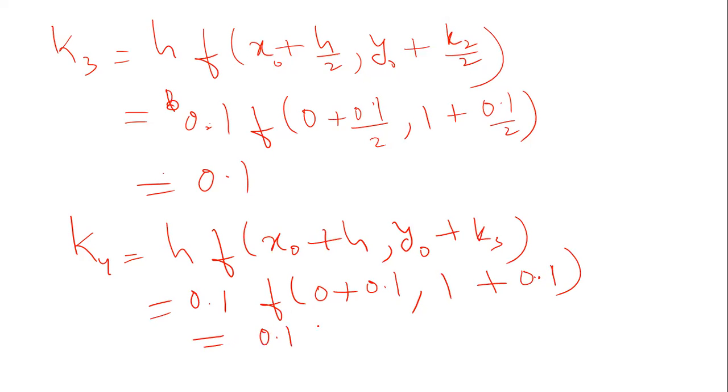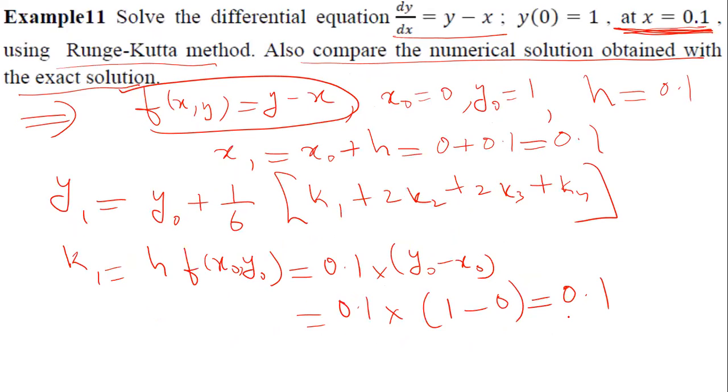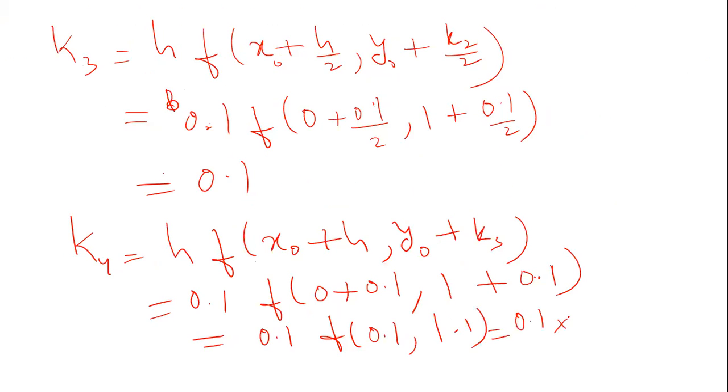So this is 0.1 times f(0.1, 1.1). Here again, 0.1 into, what is the functional form? y minus x. y is 1.1 minus x is 0.1. So this is again 0.1.